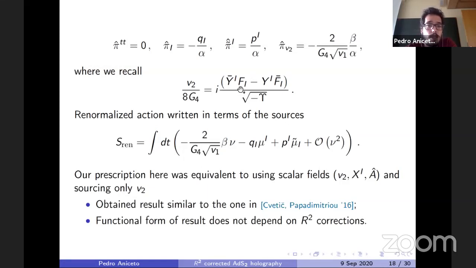Nonetheless, the R-square corrections are encoded in our holomorphic function f, since now it depends on epsilon, and of course there is a different value just because of it.